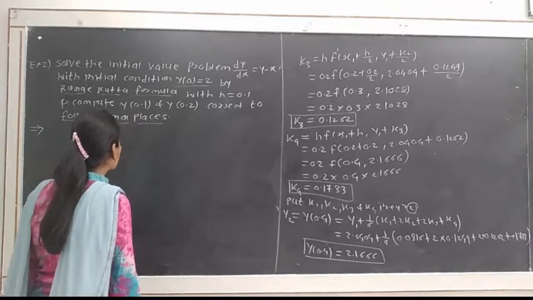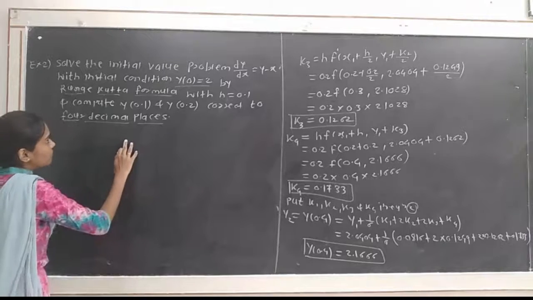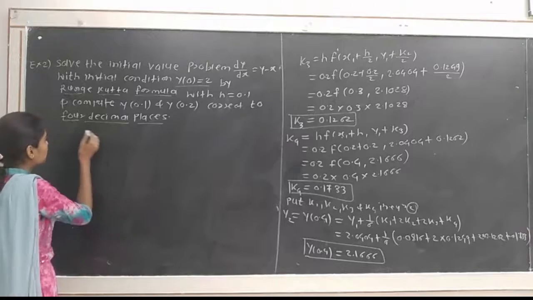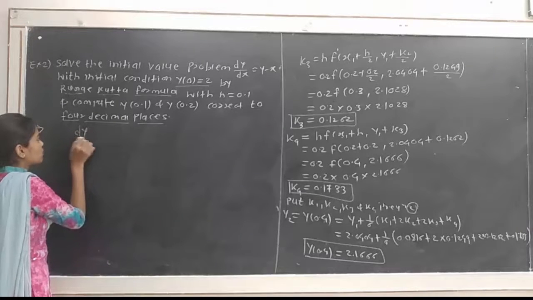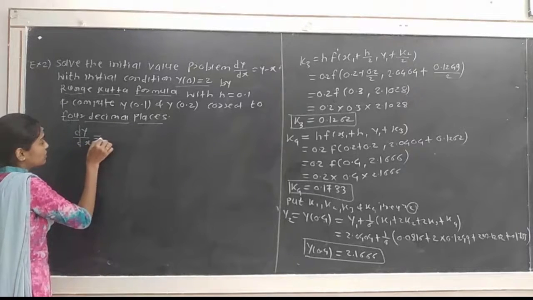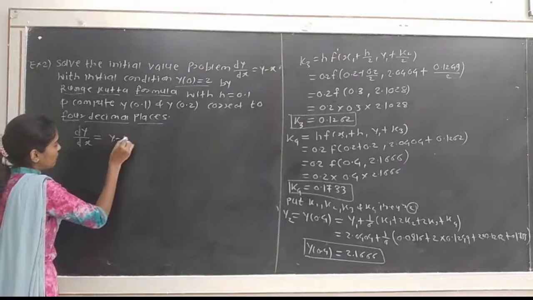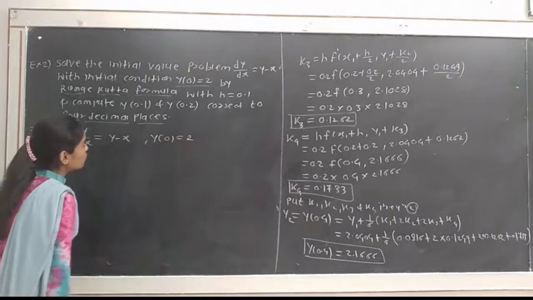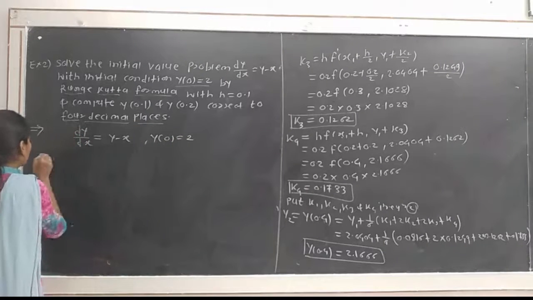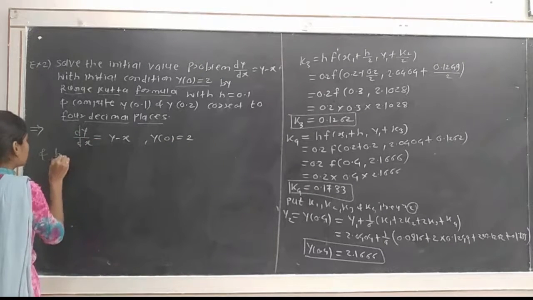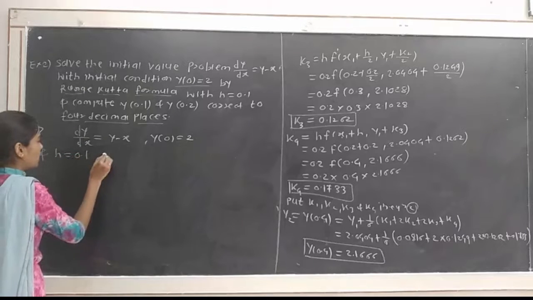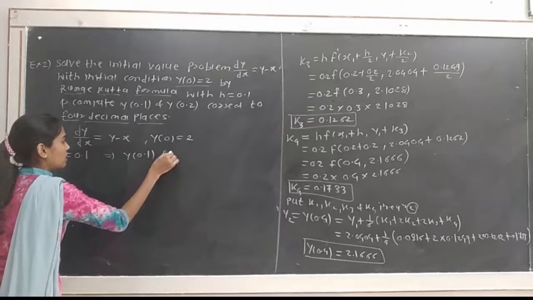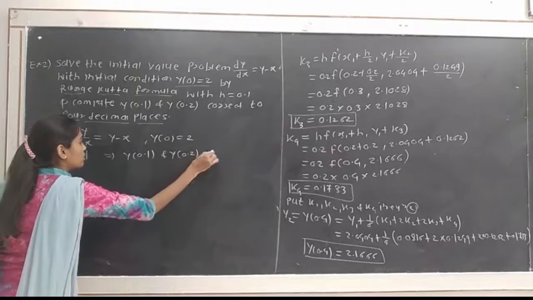Here we solve this differential equation by using the Runge-Kutta second order formula. First we rewrite the equation. The differential equation is dy by dx is equal to y minus x with the initial condition y of 0 is equal to 2. Also it is given that h will be equal to 0.1 and we have to calculate y of 0.1 and y of 0.2.